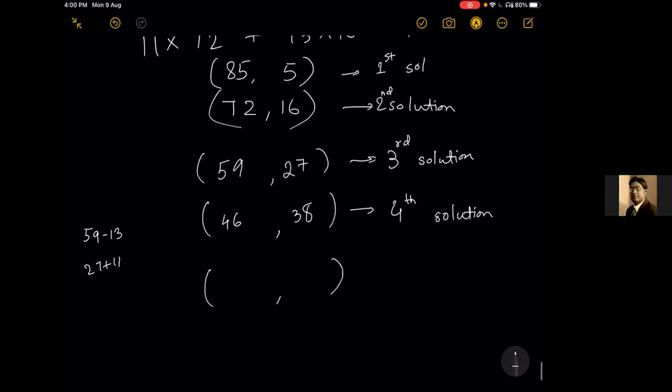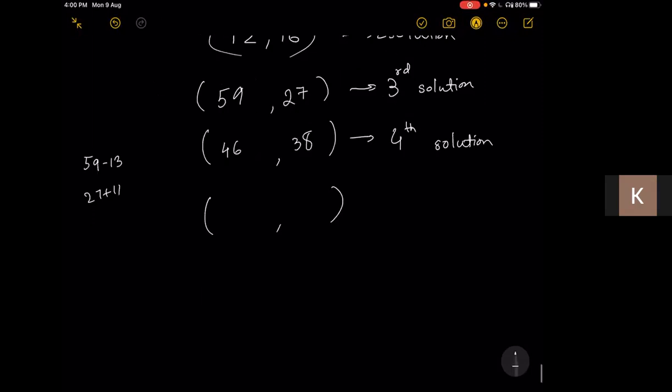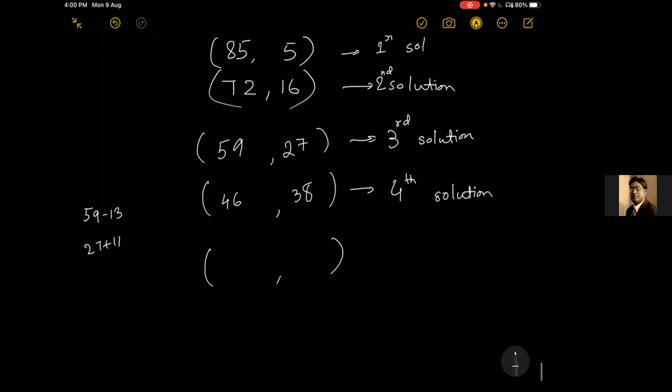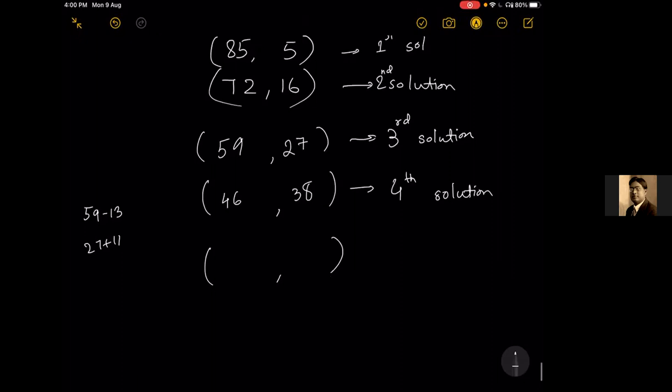Sir, can I tell something? Yeah, tell. Sir, can we also find it like I was telling, y minimum will be 5. And 1000 minus 13y has to be divisible by 11. So if 5 is the minimum value, then the next value will also be 16.